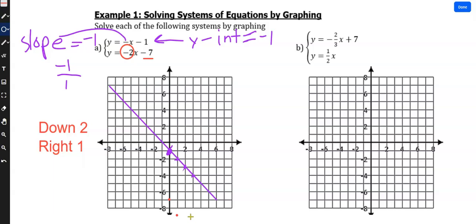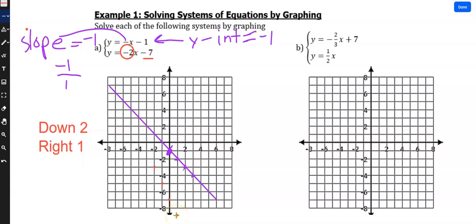But I will say that doing that allows me to get the idea of which way it has to go. So it has to go like this. So if I'm going the opposite way, I can go up 2 and back 1, and up 2 and back 1. And so now I have the basic idea of the line, and I can come up and use the line tool and graph more of the points.